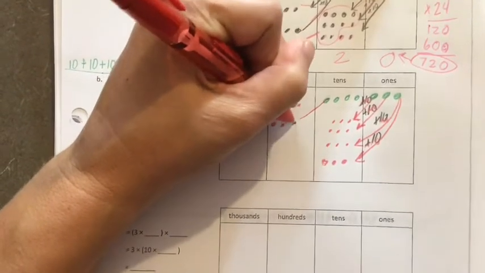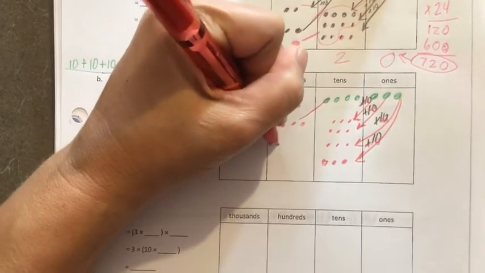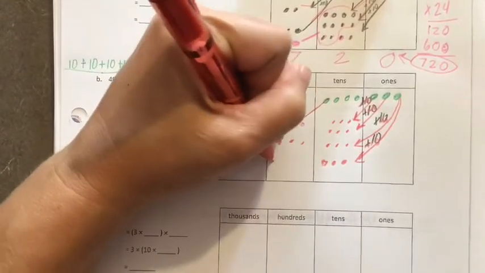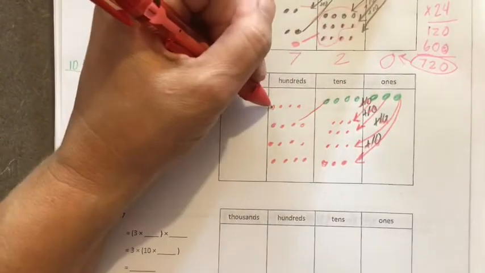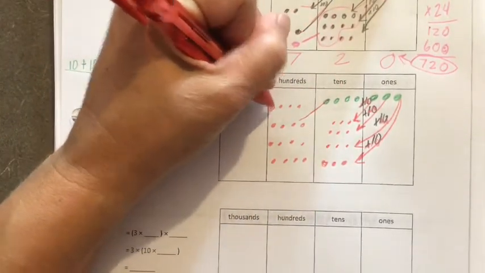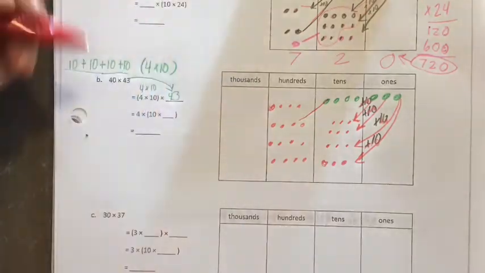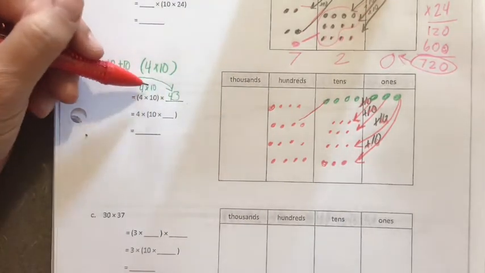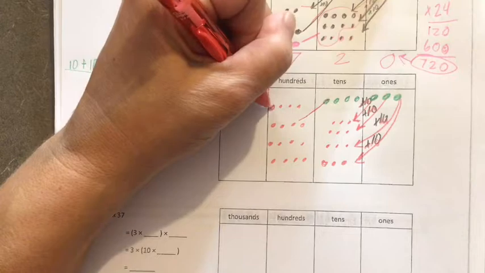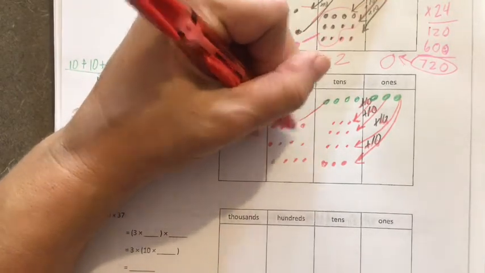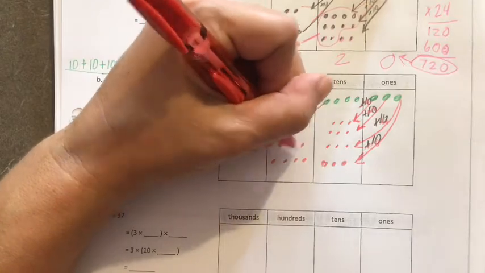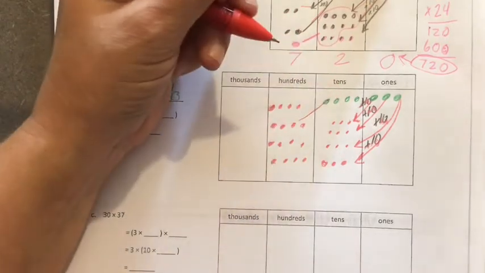I'm going to do it 4 times because that's what my problem says. 4 times 10, or 40. So I've got to pull them over 4 times.